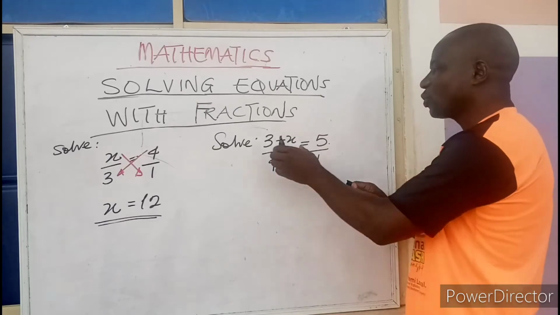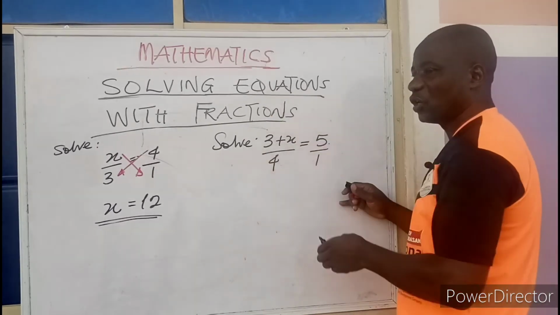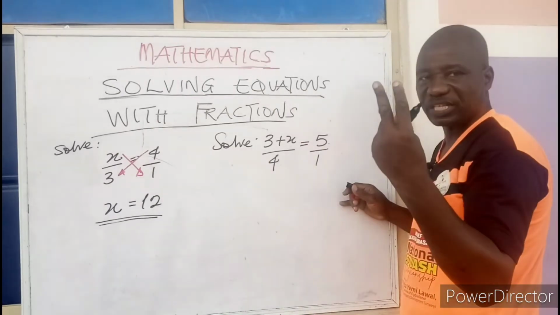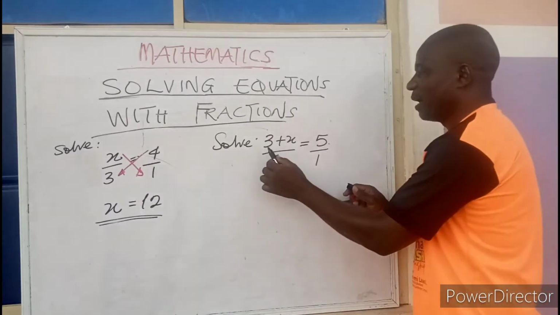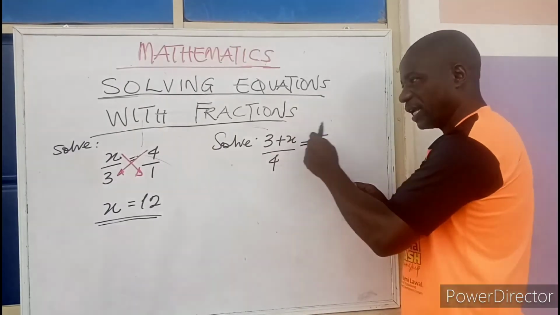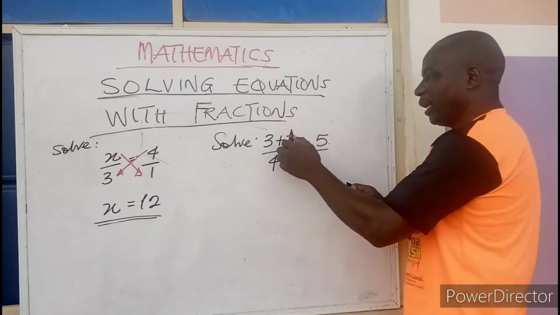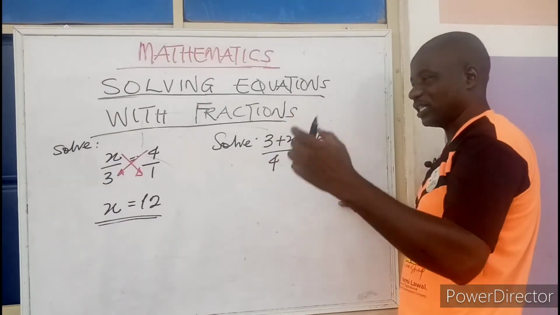Now, if you want to solve this, how many houses do you have as your numerator? We are having 2 houses. What are they? I'm having 3 plus x. 3 plus x is quite different from when I have just ordinary x. 3 plus x making 2 houses.